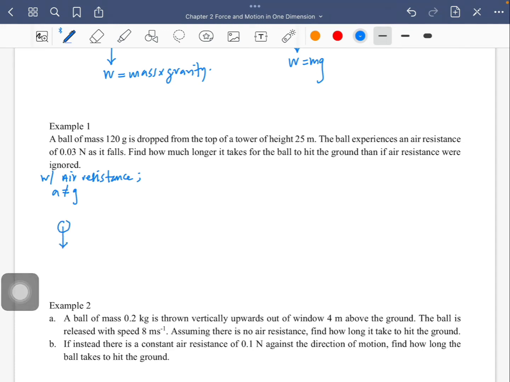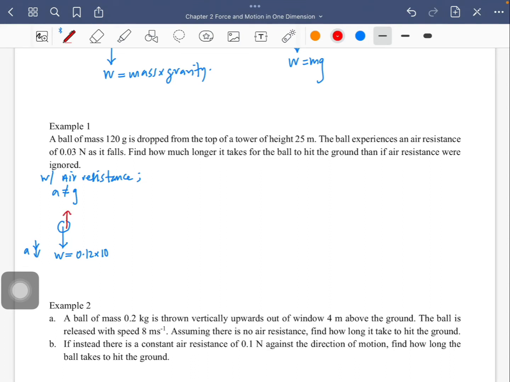Of course we have weight vertically downward, equal to 0.12 multiplied by 10, the value of gravity. And as it moves downward with a constant acceleration a, there is a resistance acting up.